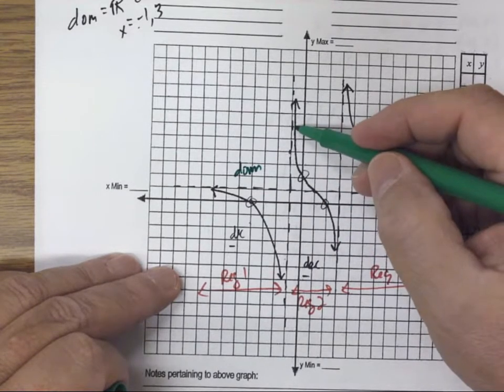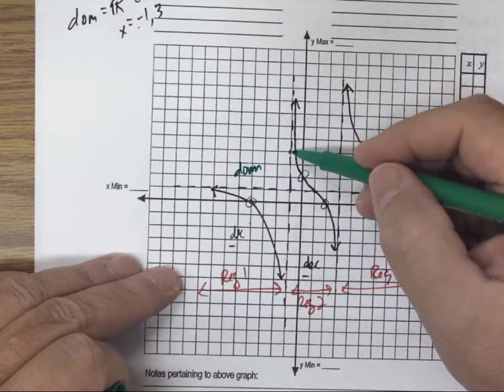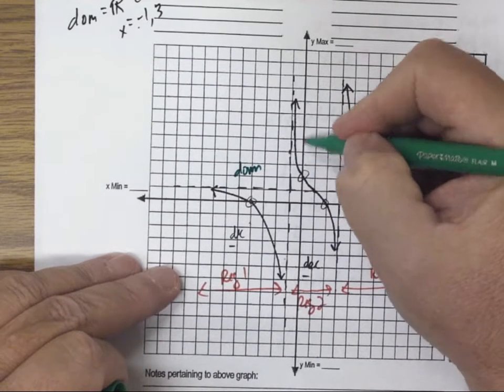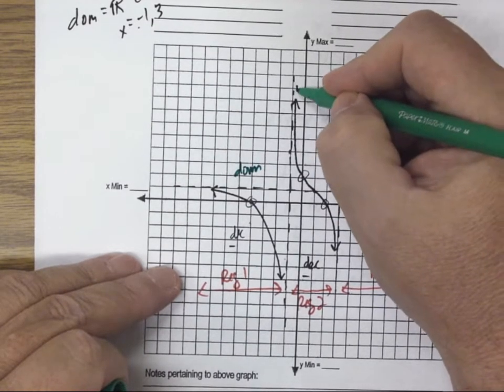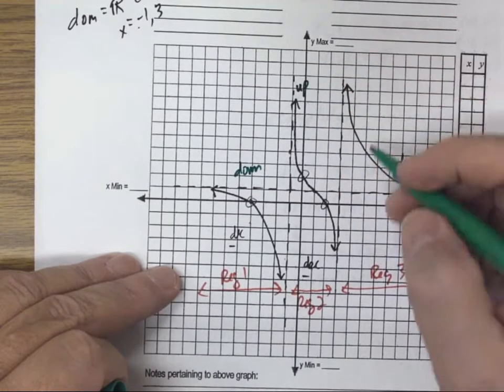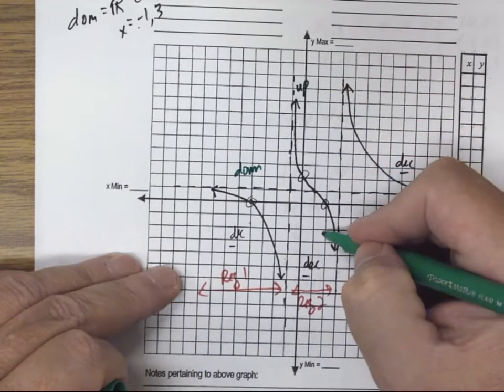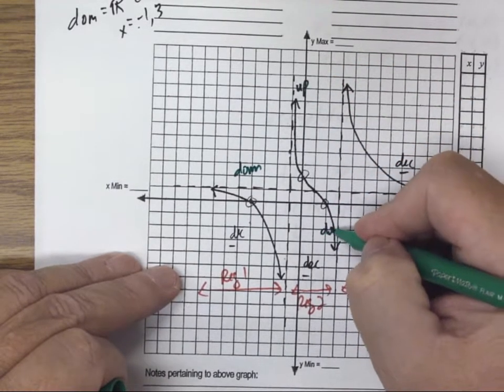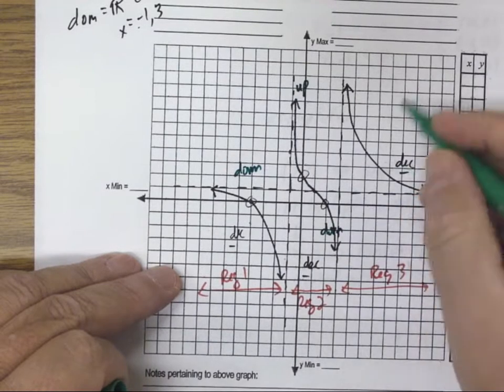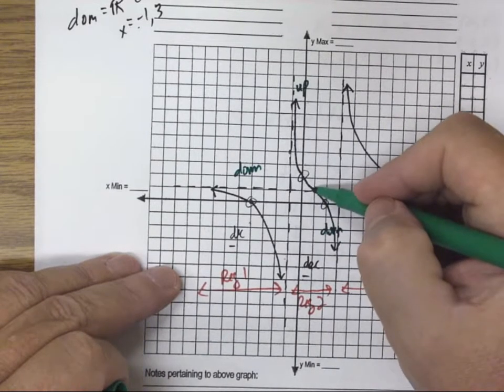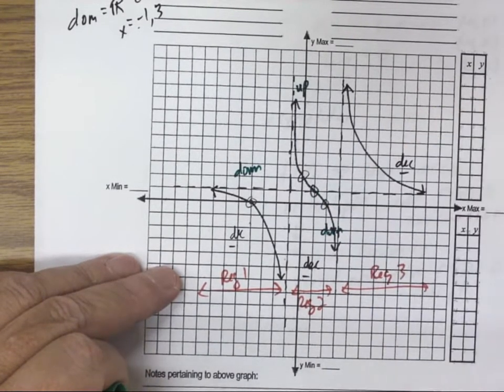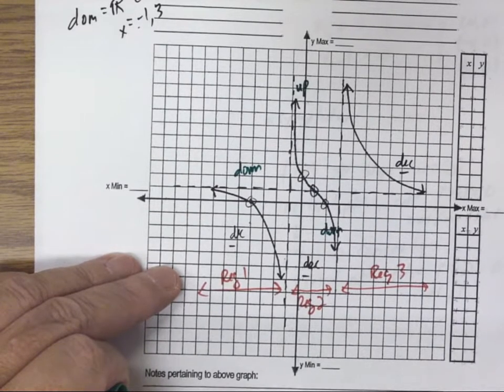So what has happened inside of here, we've gone from concave up here to concave down here, which means inside here, maybe right here, was an inflection point. So actually, these asymptotes also create an inflection point.